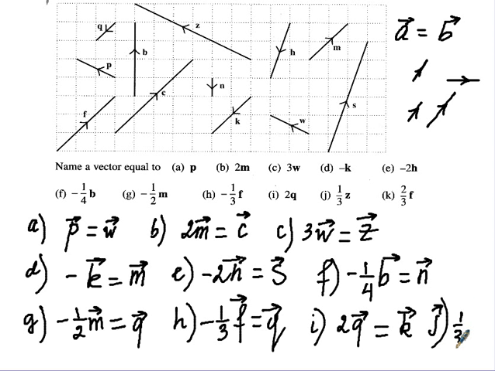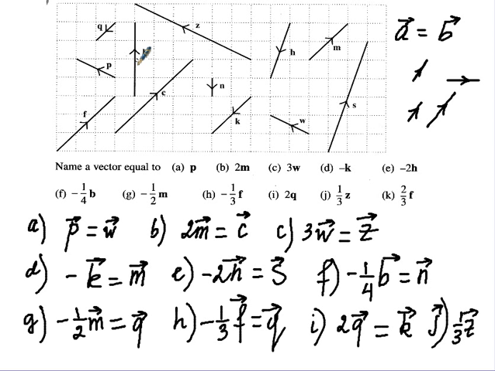Okay, J. 1/3 of z. Where is the vector z? Here it is, and we need to have 1/3. So the vector z is actually moving 1, 2, 3, 4, 5, 6 units across.